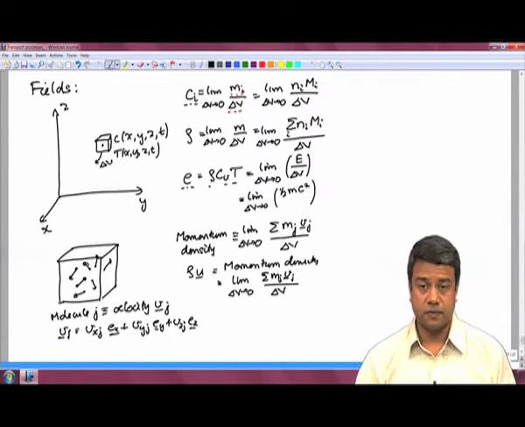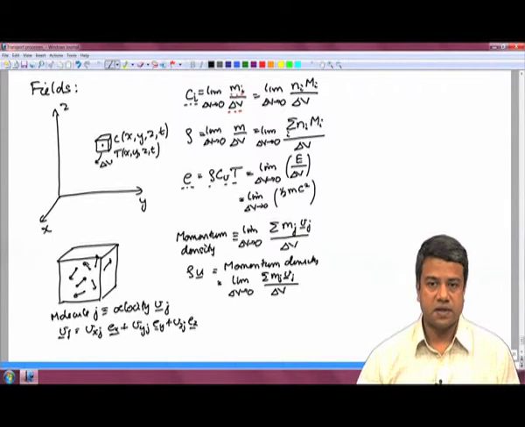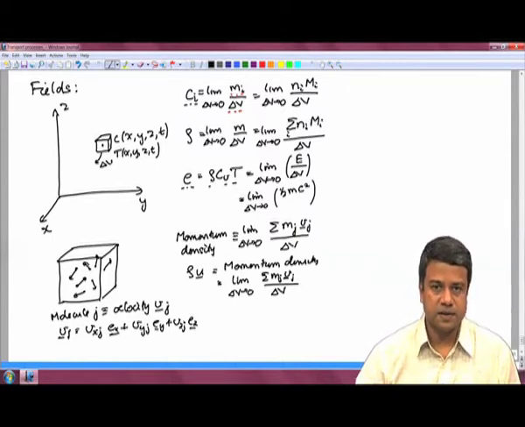So, that is the definition of the momentum density and the definition of the mean velocity. So, the mean velocity is defined through the momentum density. So, the fundamental quantity here is the momentum density itself.